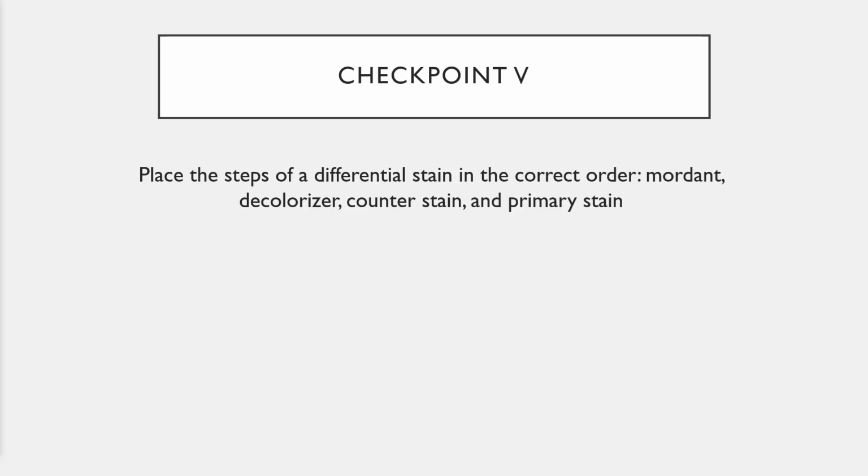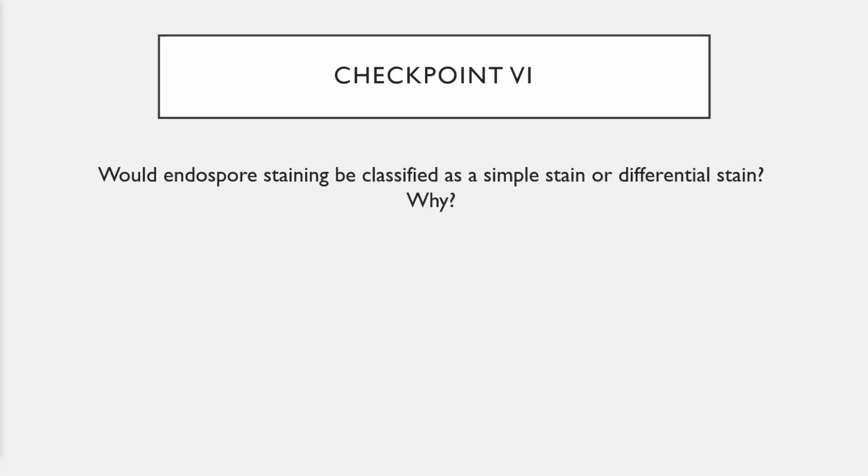Lastly, I want you to tell me whether the special type of staining that is used for identifying endospores would be classified as a simple stain or a differential stain. And tell me why as well. And once you finish this checkpoint, you are finished with chapter 2.